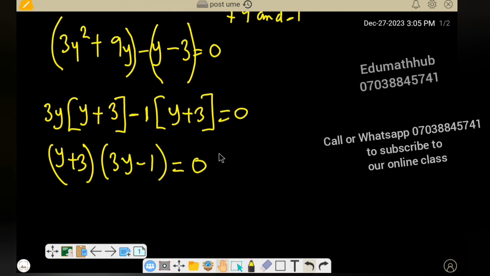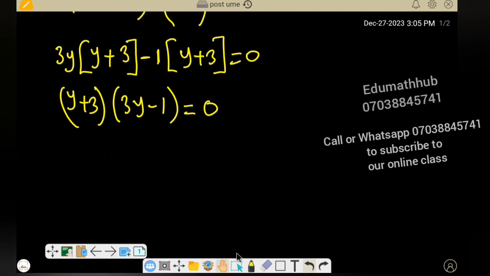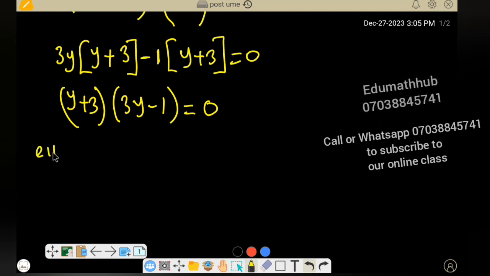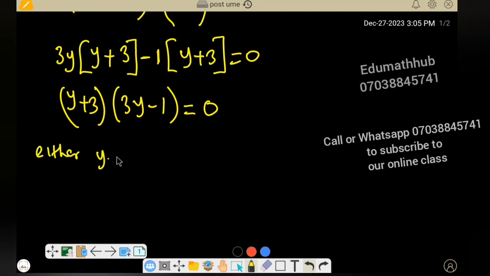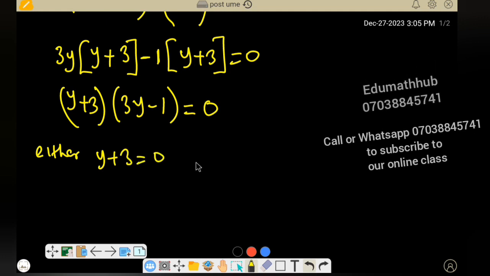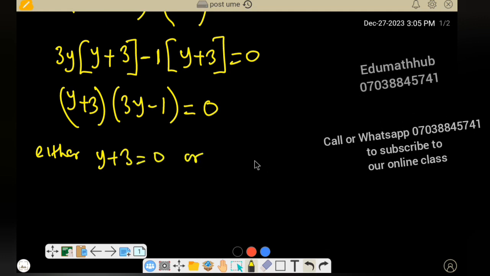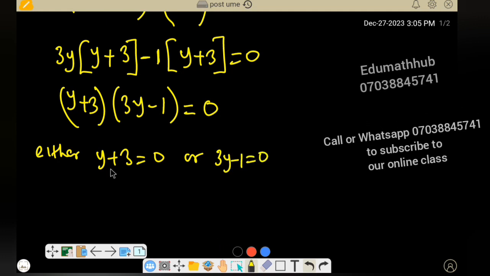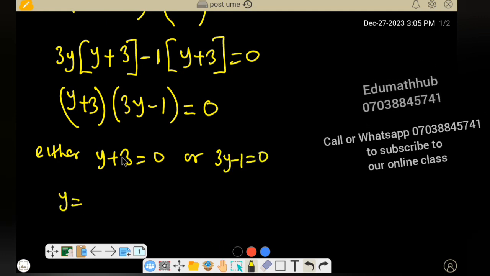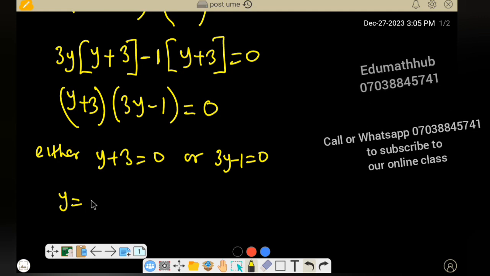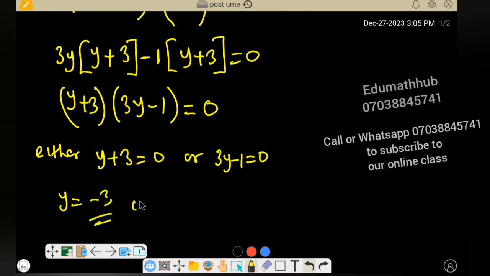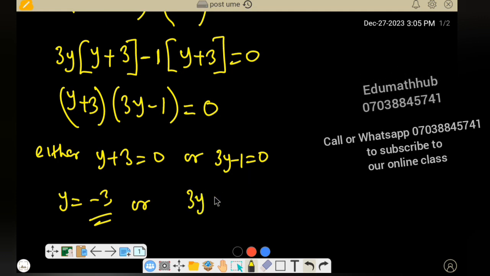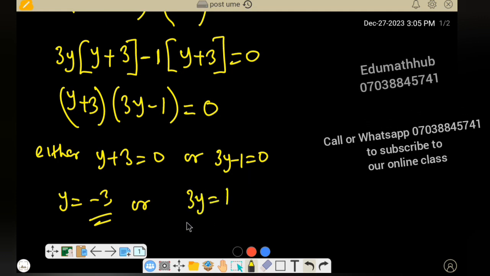Then you're going to have two answers. They're going to be either y plus 3 is equal to 0 or 3y minus 1 is equal to 0. From here, take plus 3 to this side, that will give you y equals minus 3. That's the first answer. Or from here, take 1 to that side, that will be 3y is equal to 1, and divide both sides by 3.